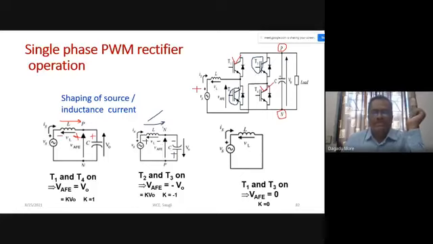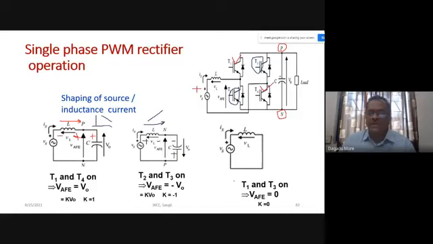When we switch on T2 and T3, these are the polarities of the inductor, and current has a tendency to increase. Whereas when T1 and T4 are made on, we have seen current has a tendency to decrease.